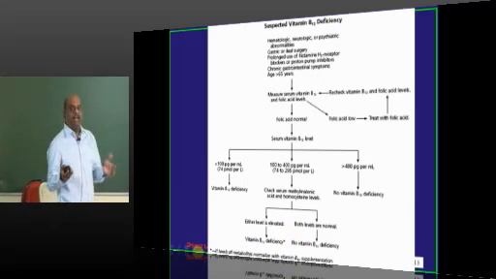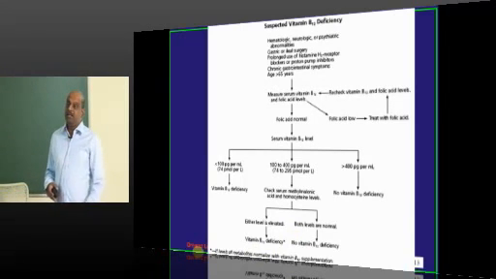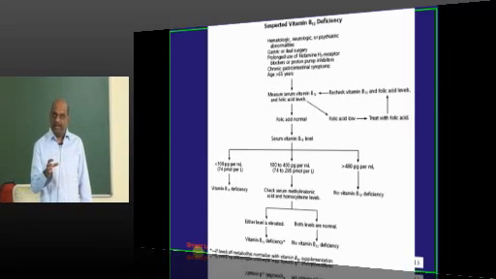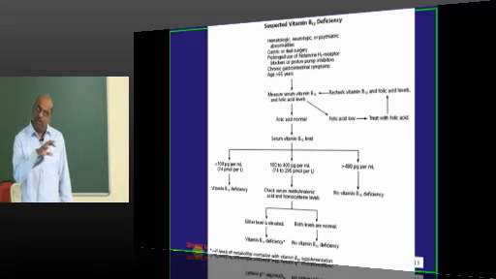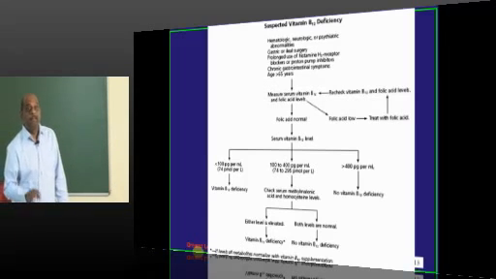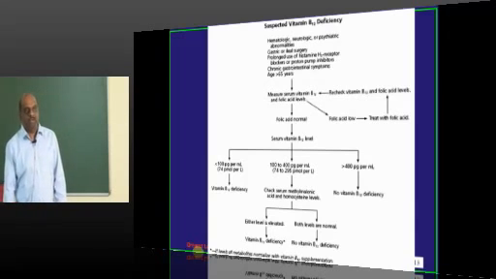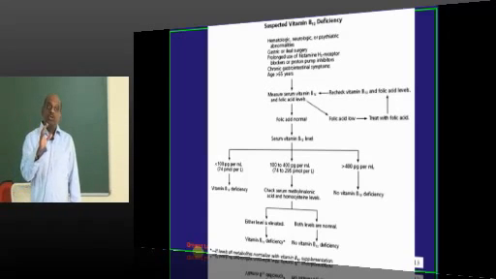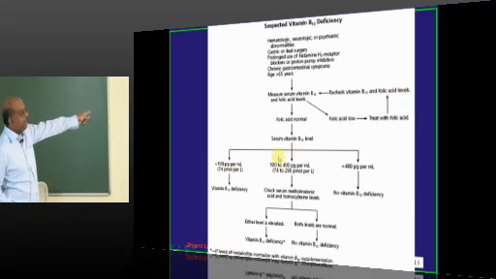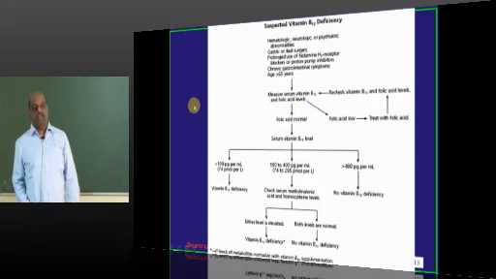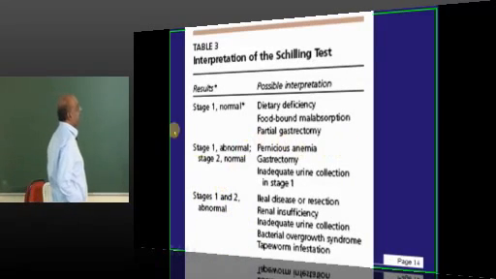Whenever you have borderline levels of vitamin B12, is there any parameter which you can evaluate? If it is abnormal, then you consider vitamin B12 deficiency. Yes sir, methylmalonic aciduria, the levels of methylmalonic acid in the urine. Typically, though the vitamin B12 levels are above 100 but below 400, still methylmalonic acid levels will elevate, which is much more sensitive to confirm that there is vitamin B12 deficiency. That is what needs to be remembered.